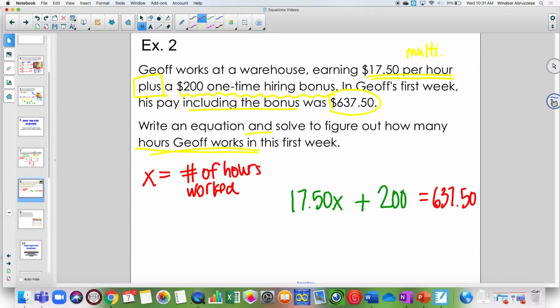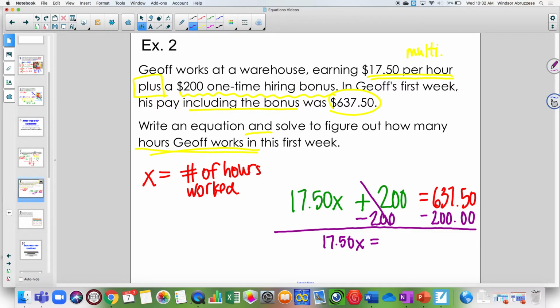Now let's solve. Let's eliminate the constant of the $200 by subtracting it on both sides. Remember to line up your decimals. So $17.50 X equals $637.50 minus $200 is $437.50.